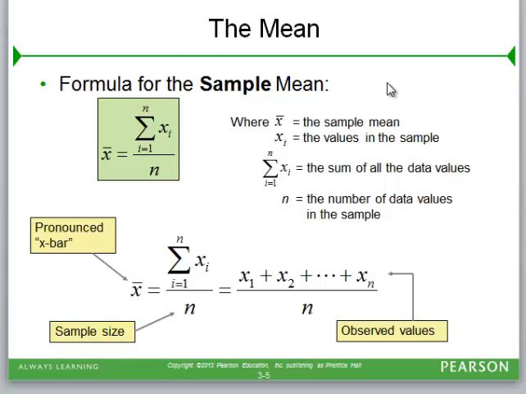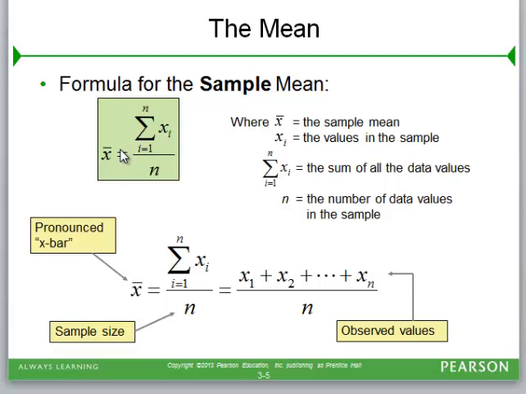One important thing to keep in mind is the symbols we use to represent the mean and the elements in this formula, and there are different formulas for the sample mean and for the population mean.